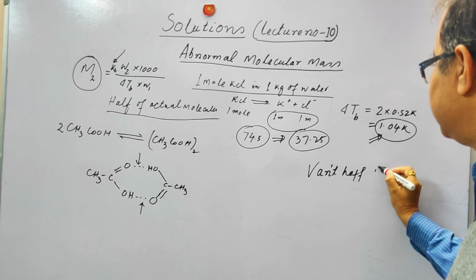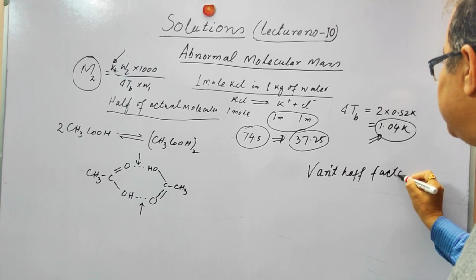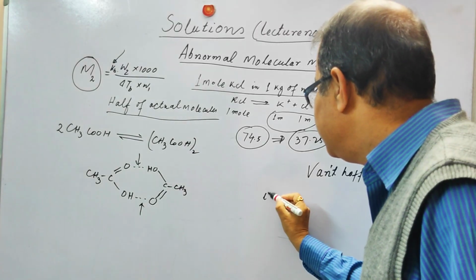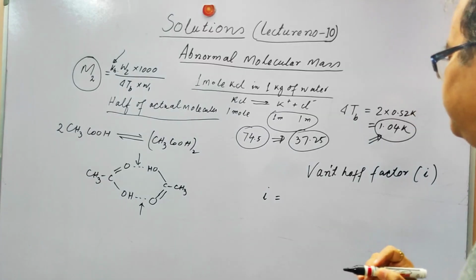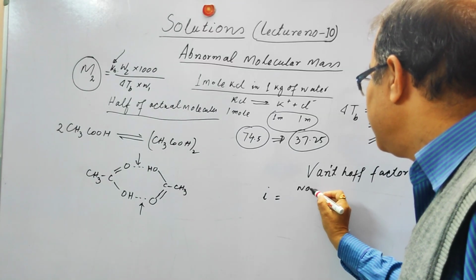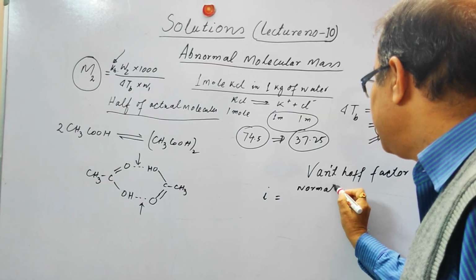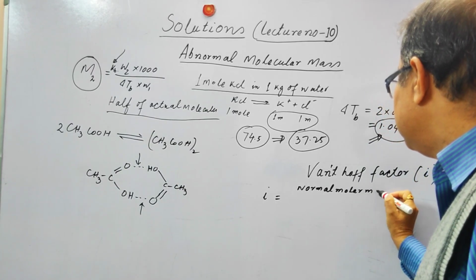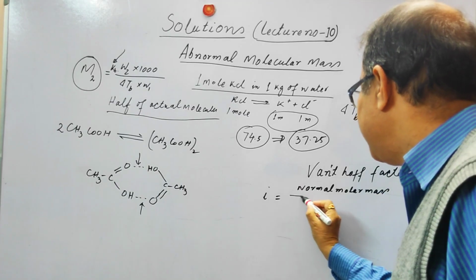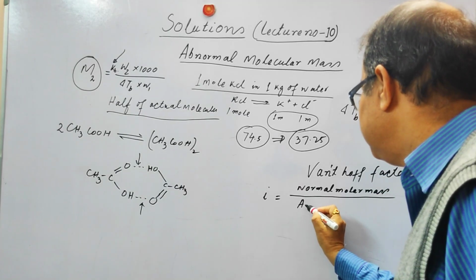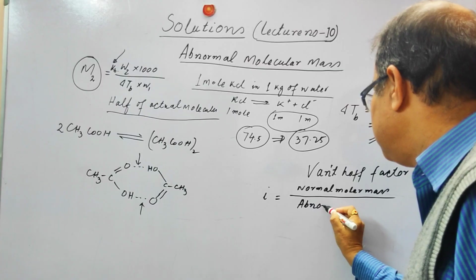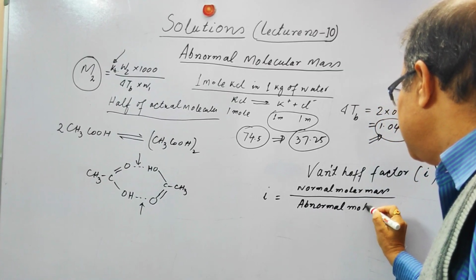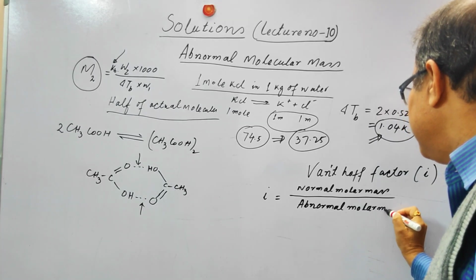It is represented by i. What we call this i is basically the normal molar mass divided by the abnormal molar mass.